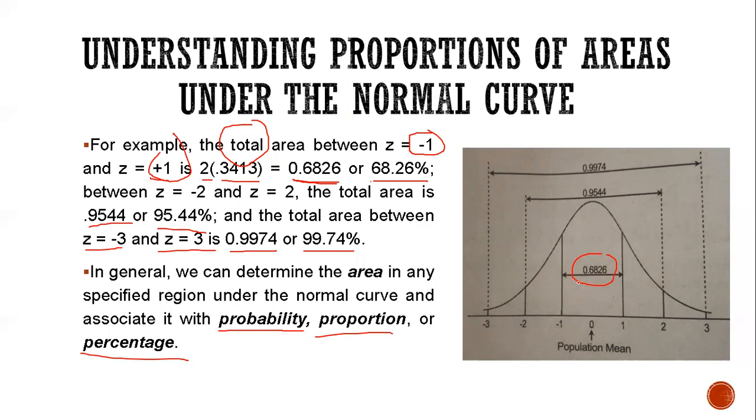Then, the region under -2 hanggang +2 ay nasa 0.9544, kung saan pwede natin ulit i-convert into percentage. Naging ganito siya. And the last one, we have -3 to +3, nasa 0.9974. Convert din natin yan sa percentage, nasa 99.74%. Ayun yung itsura ng mga areas under the normal curve.